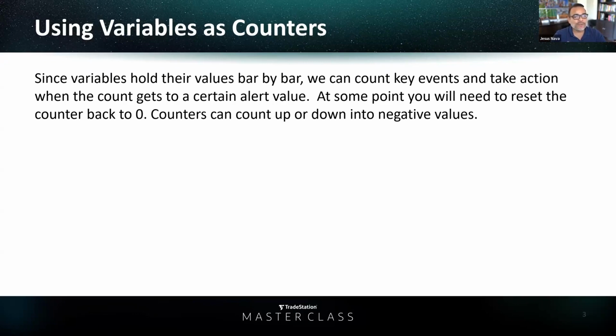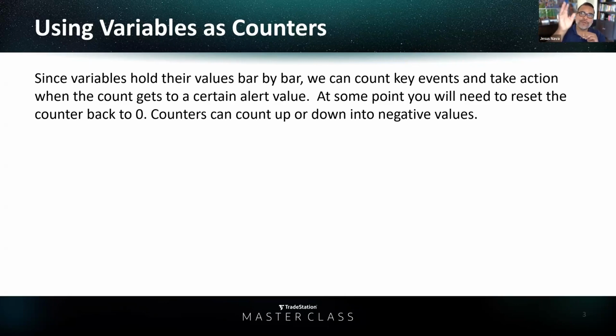We are going to need a way, first of all, to declare a variable so that EasyLanguage knows what it is. Then we need to tell it, okay, what is the action that we want to keep track of? And also a mechanism to set the counter back to zero. If you're counting higher highs, and every time that you find a higher high than the previous one, it increments the counter by 1.